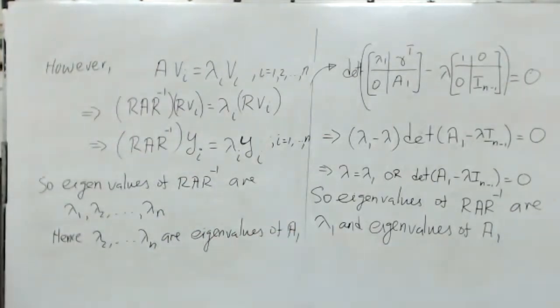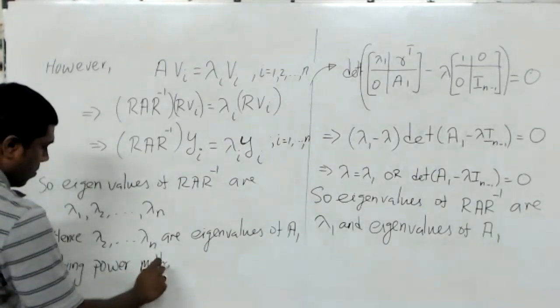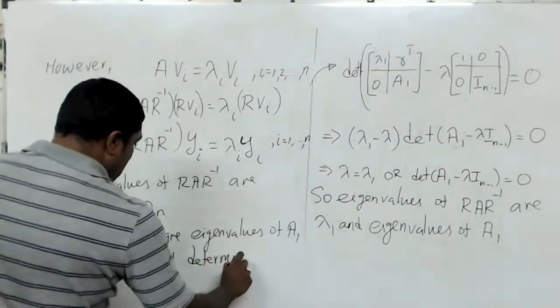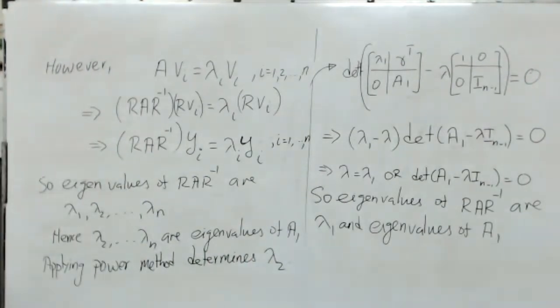So these are the eigenvalues of A1. Now what you do is apply the power method with the Rayleigh quotient to A1. When you apply the power method to A1, you get lambda 2.